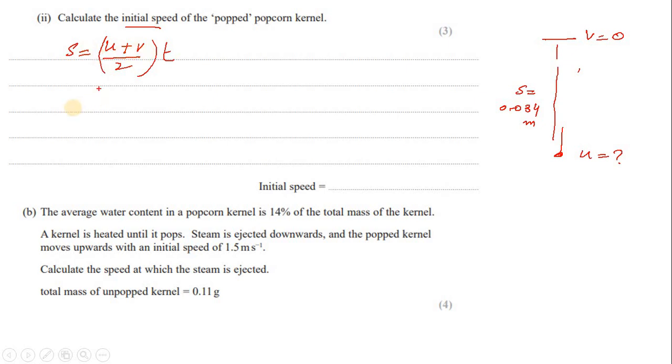Now you have everything to figure out the value of u. You just substitute the numbers. So 0.034 = (u + 0) divided by 2, times time, which is 83 milliseconds, so 83 times 10 to the power minus 3. You can make u the subject, just rearrange this equation, and you figure out the value of u.